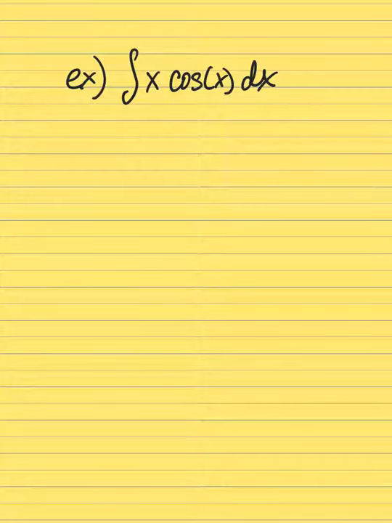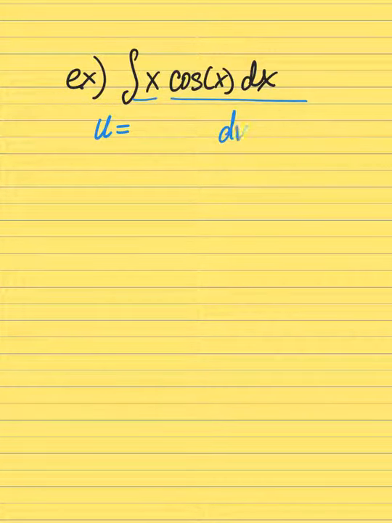U sub, where u would be x, and then it'd be u cosine of u, you have the same thing. It doesn't help you with anything. But if you can see that these are two functions getting multiplied, you can tell that it's undoing the product rule. So first thing you do is figure out what your u is and what your dv is.